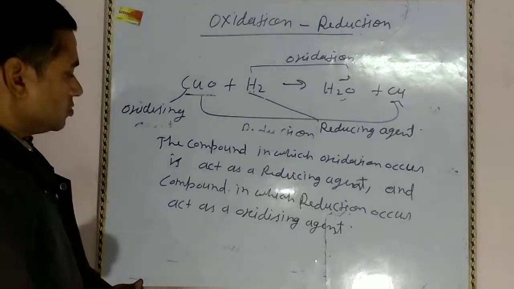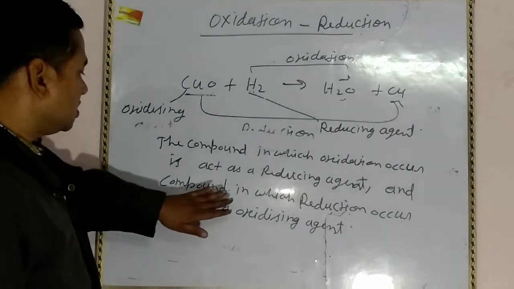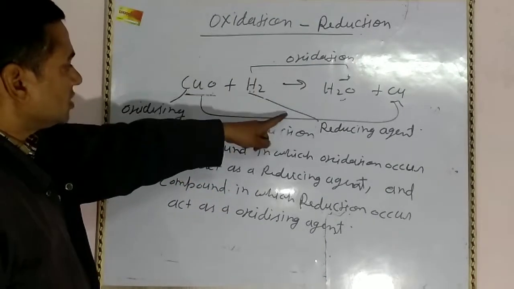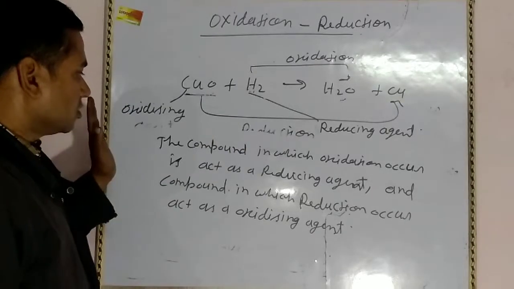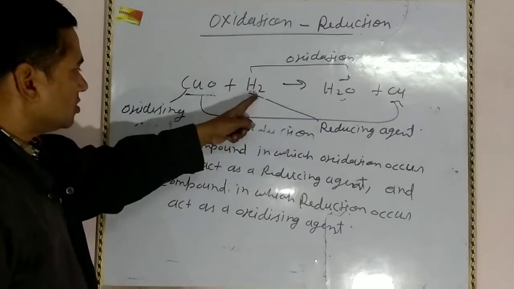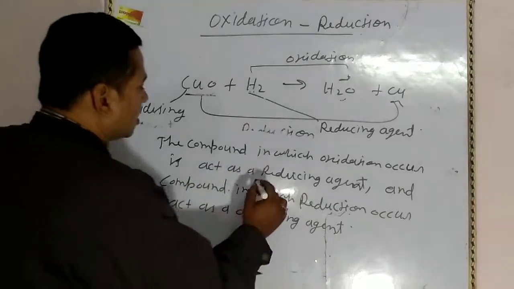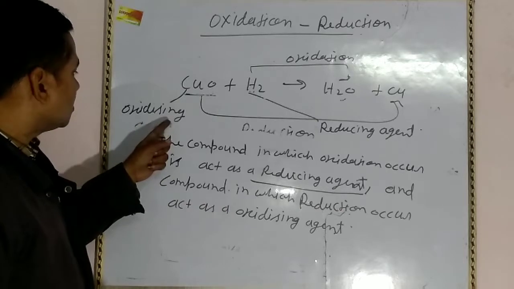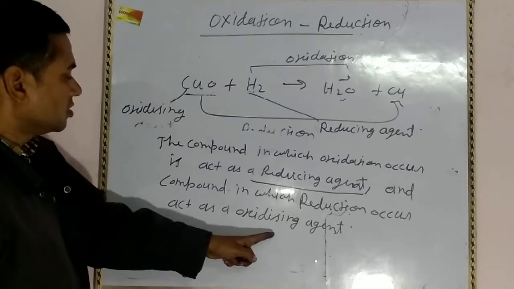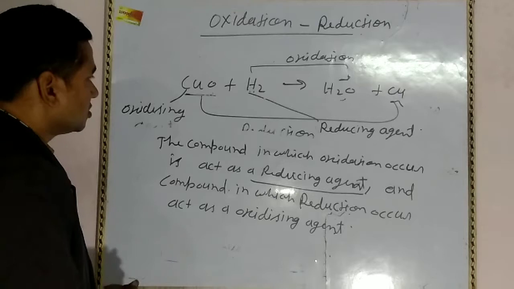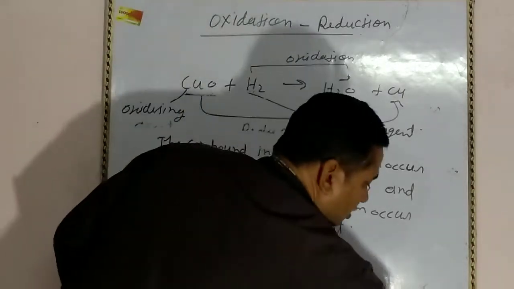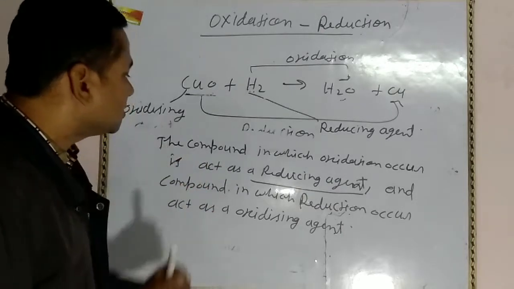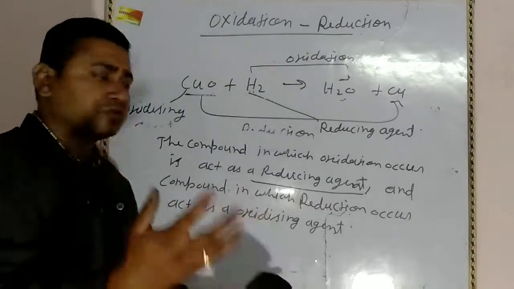Okay. So you can see here the compound which has been oxidized acts as a reducing agent, because oxidation occurs in this compound, and the compound in which reduction occurs acts as an oxidizing agent. So this is enough for your understanding of how to identify oxidizing agent and how to identify reducing agent.